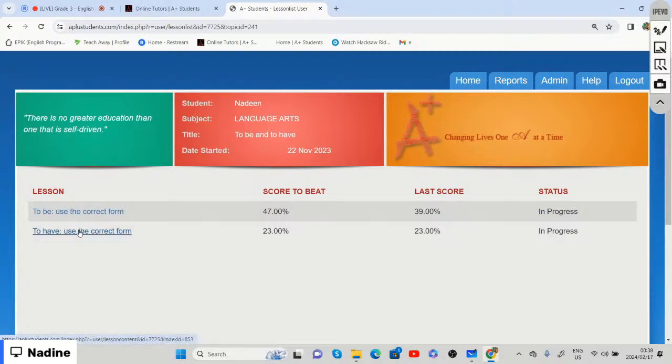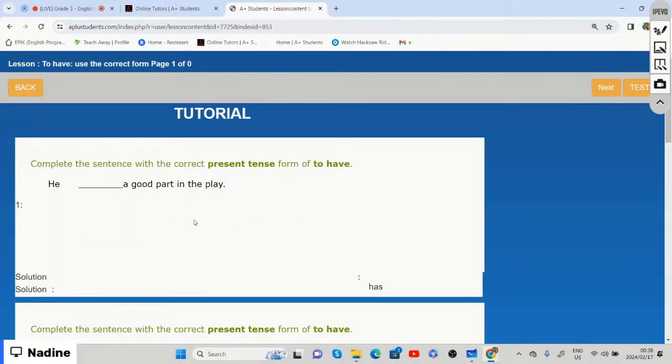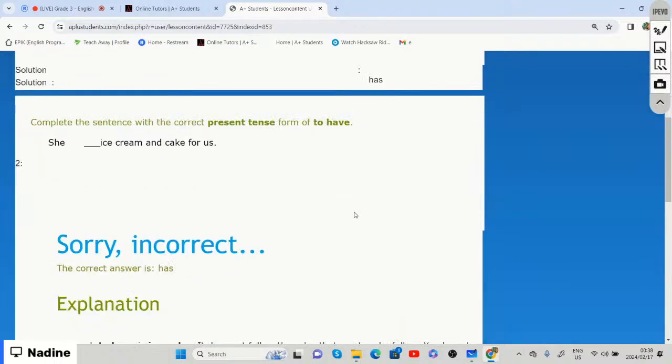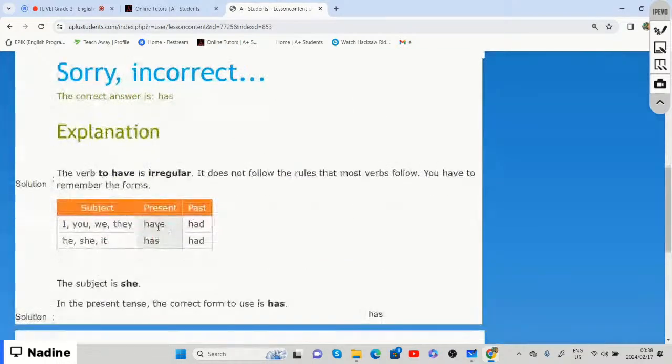All right, now we're going to have, right? And now our verb is going to change when it comes to have. So now our verb is either going to be in the present tense, it's either going to be have or has, and in the past tense our verb is going to be had. So if, for example, our subject is either I, you, we, or they, right?